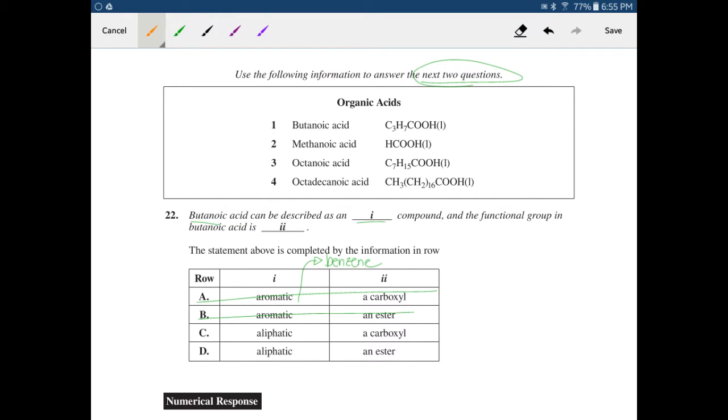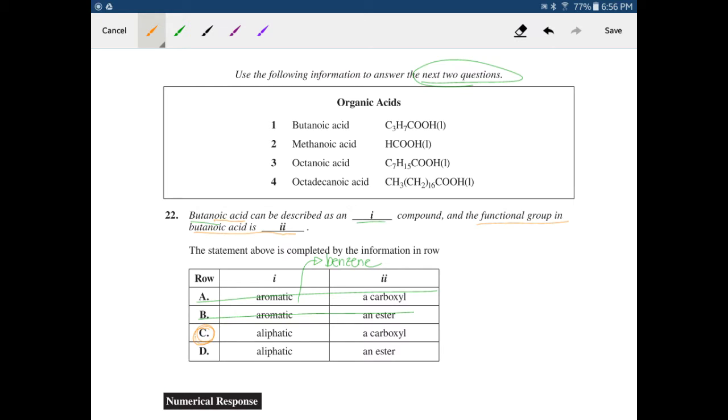The other thing to take a look at is that it says the functional group in butanoic acid is blank. So we have either a carboxyl group or an ester group. Now, because we have a carboxylic acid, hence the name oic acid, our answer here is C.